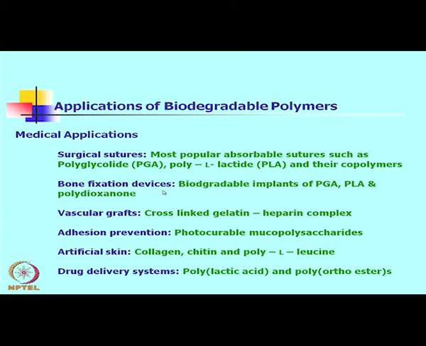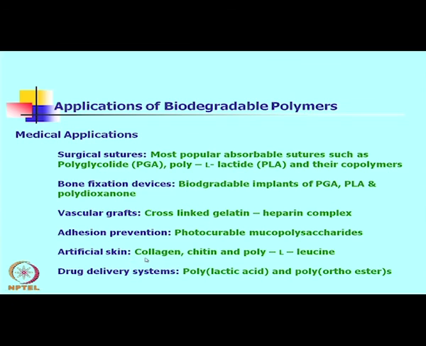Bone fixation devices are made from polyglycolic acid, polylactic acid and polydioxanone along with other materials. Vascular grafts are made from cross-linked gelatin heparin complex. Adhesion prevention was also used during surgery, using photocurable mucopolysaccharides.